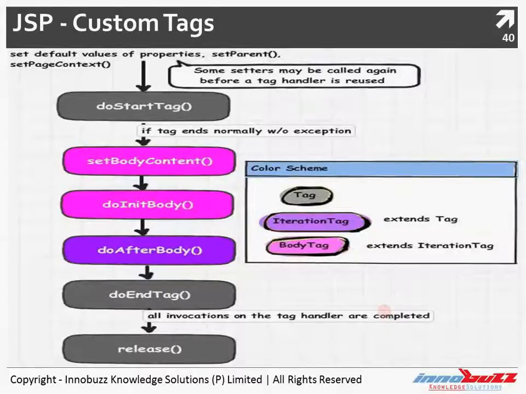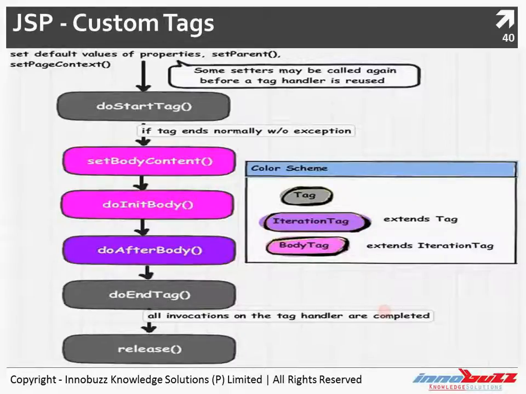There are methods like doStartTag, which is the beginning and initial method that gets invoked whenever the start tag is encountered in the container by the JSP. So wherever we define this doStartTag and it finds the start tag, this doStartTag method will get executed, after which it follows with setBodyContent.